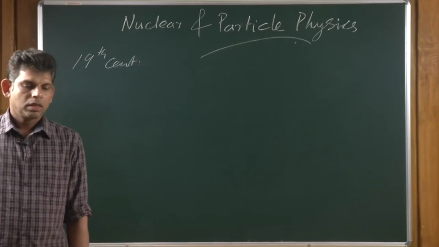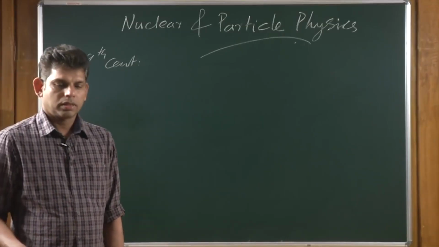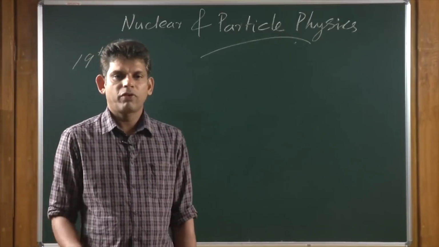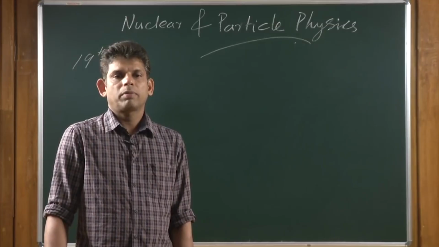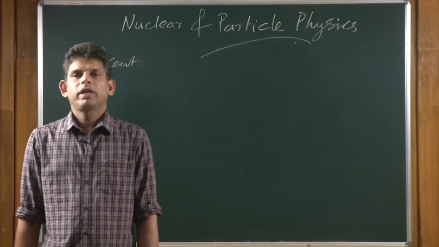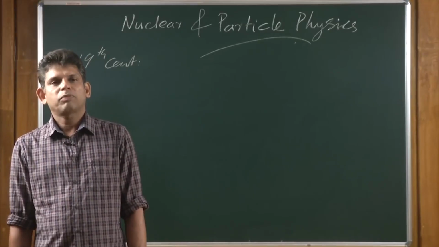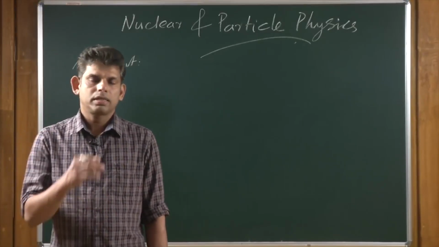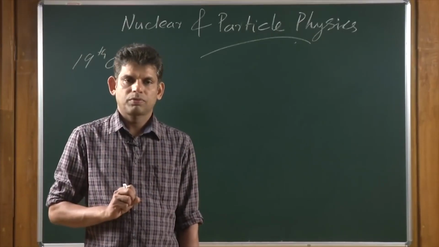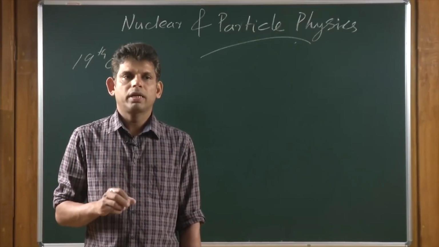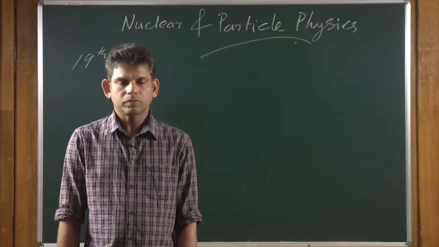At least considering all matter that we are familiar with, it was established that we can think about something like less than 100 basic chemical elements which make all this matter around us.